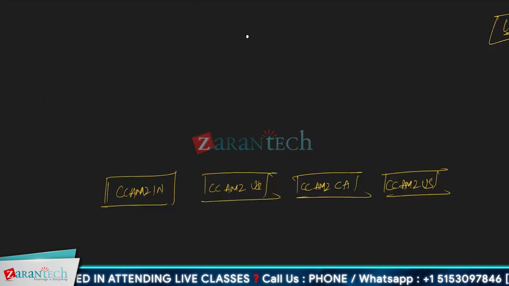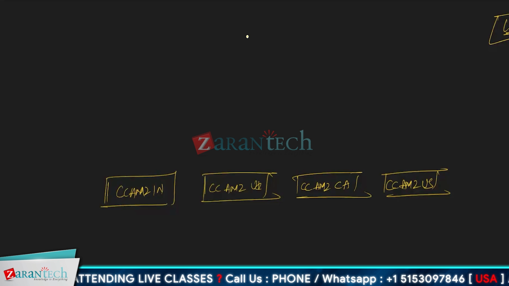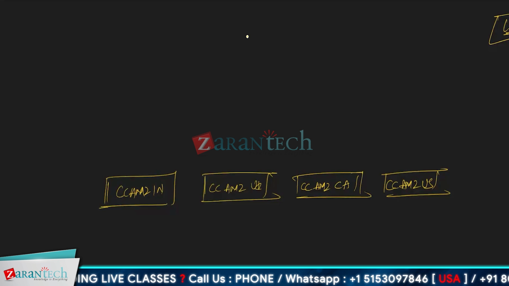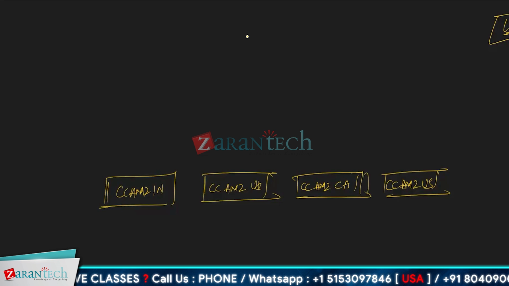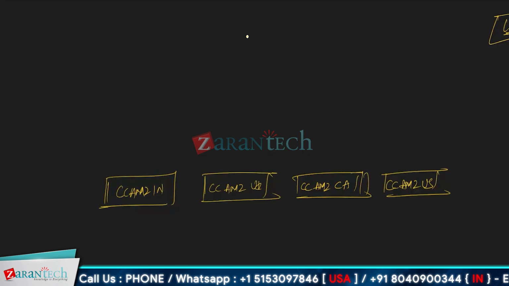Suppose these are the different cost centers, and you will be grouping employees into these different cost centers. Now, for you to create a cost center hierarchy, this is how you'll create it.